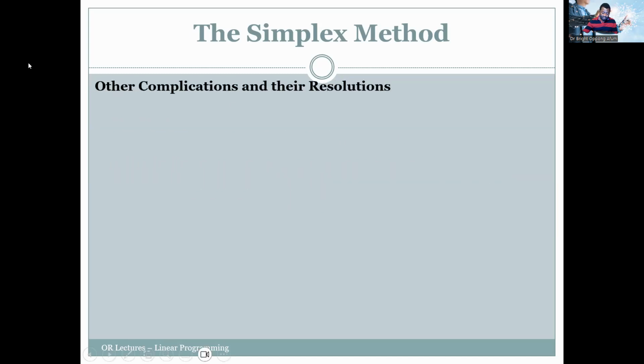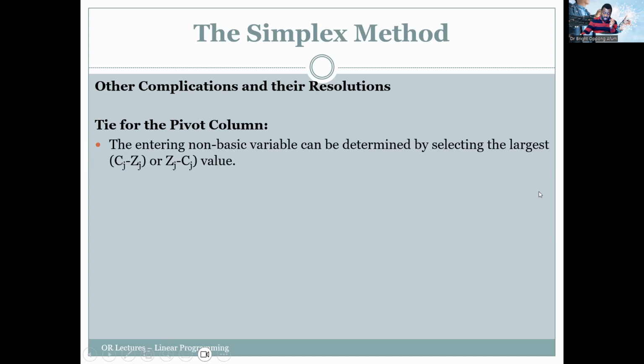Okay, now there are other complications. What are they? Complications and their resolution. The first one to look at is a tie for the pivot column. With the pivot column, you look at the entering non-basic variable by selecting the largest positive Cj minus Zj for maximization, and Zj minus Cj for the minimization problem.